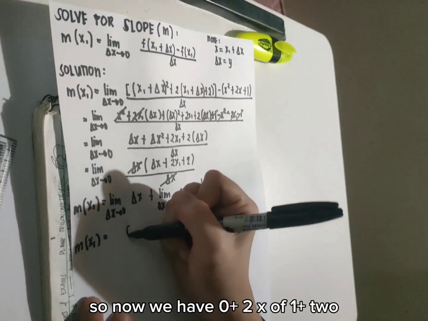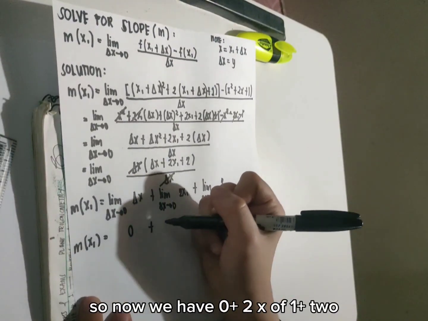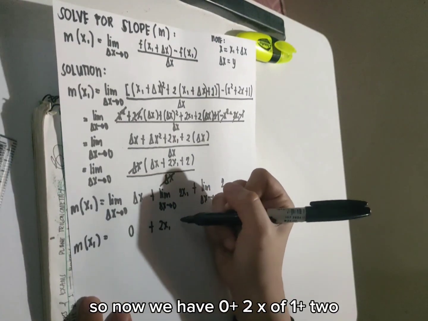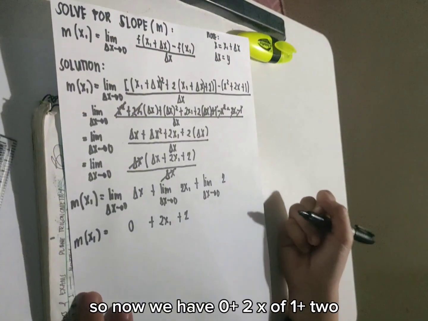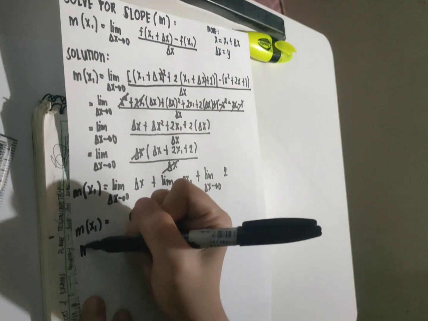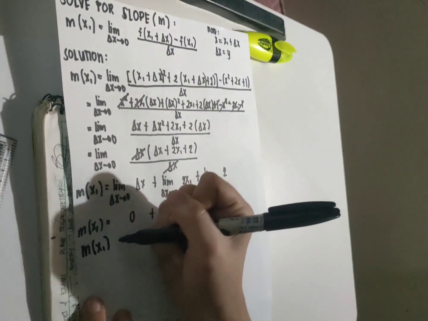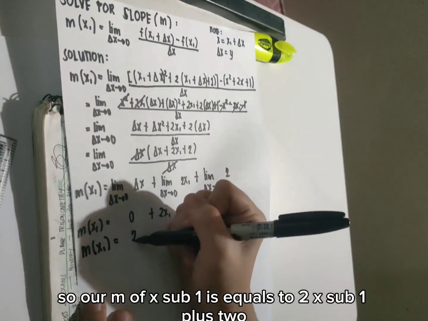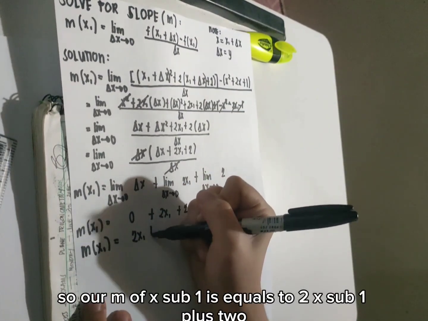So now we have 0 plus 2x sub 1 plus 2. So our m of x sub 1 is equal to 2x sub 1 plus 2.